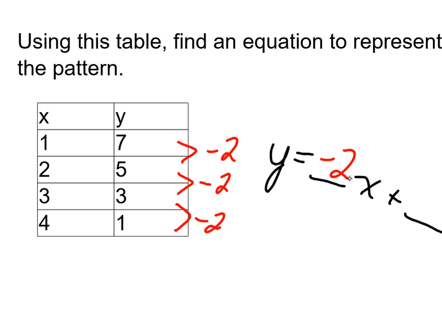So 4 times negative 2 is negative 8. 3 times negative 2 is negative 6. 2 times negative 2 is negative 4. 1 times negative 2 is negative 2. How are we going from those numbers? Hopefully you realize, hey, I'm adding 9. I'm adding 9 every time. And that is your equation.